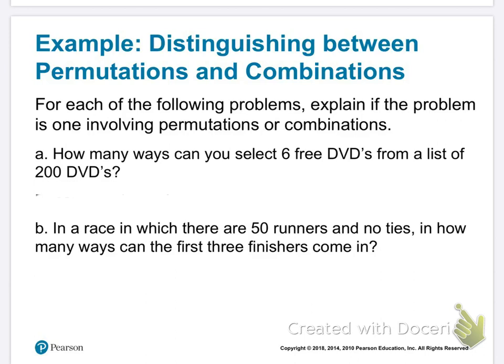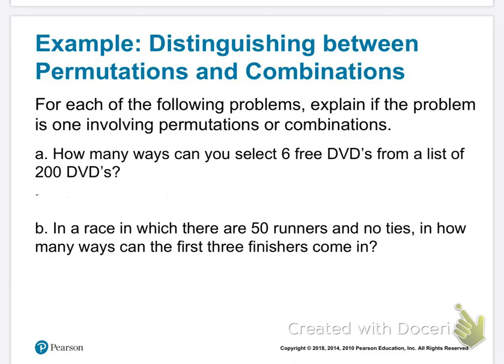So how many ways can you select 6 free DVDs from a list of 200 DVDs? So this probably makes no sense to you, but back in the day when DVD players were new, when you bought one, you'd get a little order sheet, and you could get 6 of any of the DVDs that were on the list. They were always terrible movies, but that's what a lot of people did. You'd select these free.